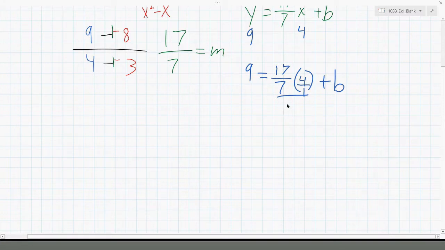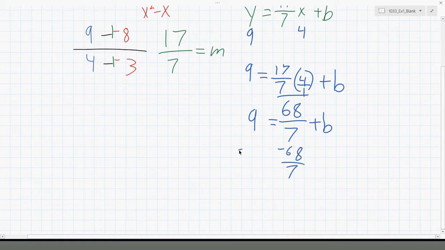Okay, so at this point it was 68 over 7 plus b equals 9. And then we're going to subtract 68 over 7 from both sides. This side cancels out at that point.